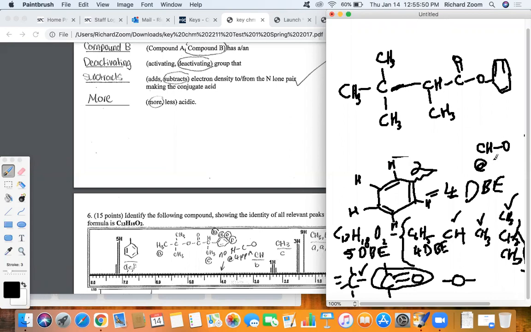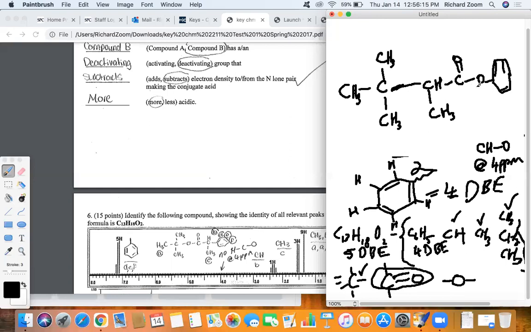Now this is fairly subtle, but it does show us something. So that's what we know from the correlation chart. You'll have the correlation chart on the test. You won't have to memorize that. So if you look at where the CH is, it's actually at about 2.4 ppm, which tells you that the CH can't be connected to an oxygen, which means that that would be incorrect.